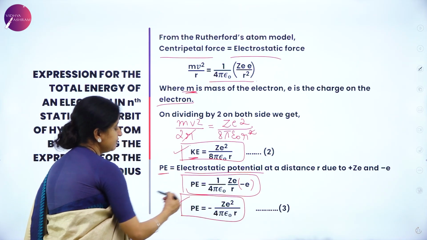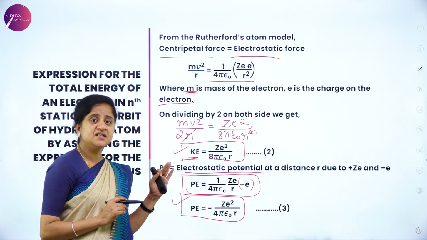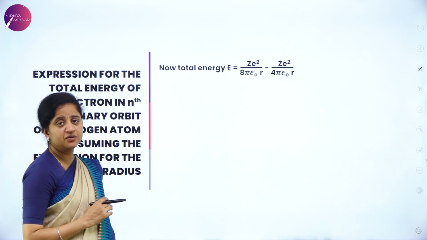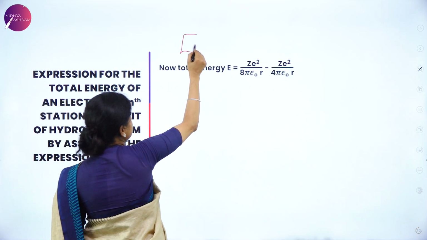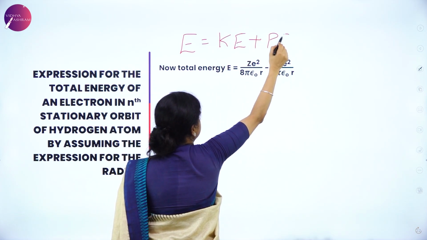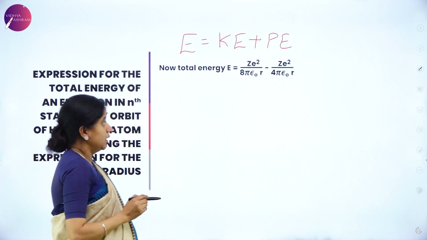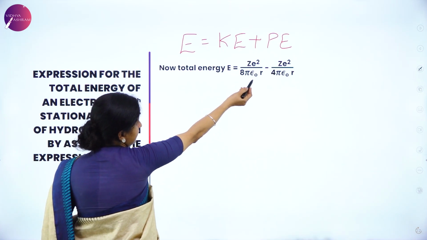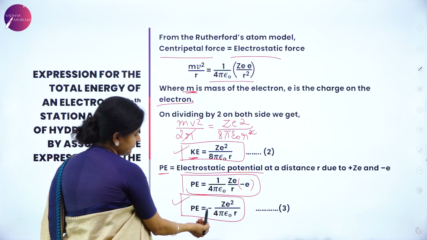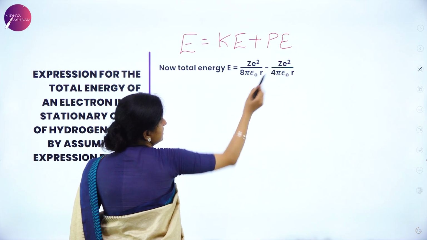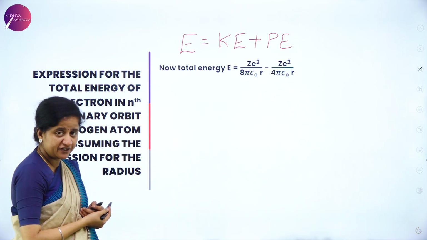Now it is clear that we got an expression for kinetic energy, and we got an expression for potential energy. We shall substitute that in the first equation, that is energy is equal to the sum of kinetic energy and potential energy. What is the kinetic energy? It is Ze square divided by 8 pi epsilon naught into r, plus the potential energy, but we have potential energy with a negative sign. So we get minus Ze square divided by 4 pi epsilon naught into r.